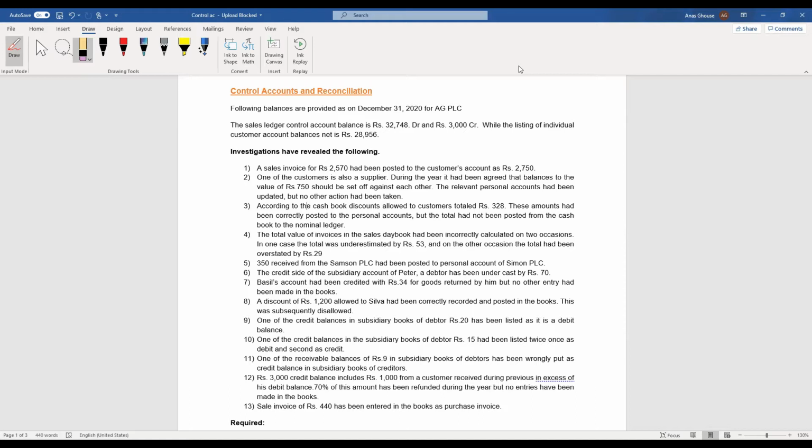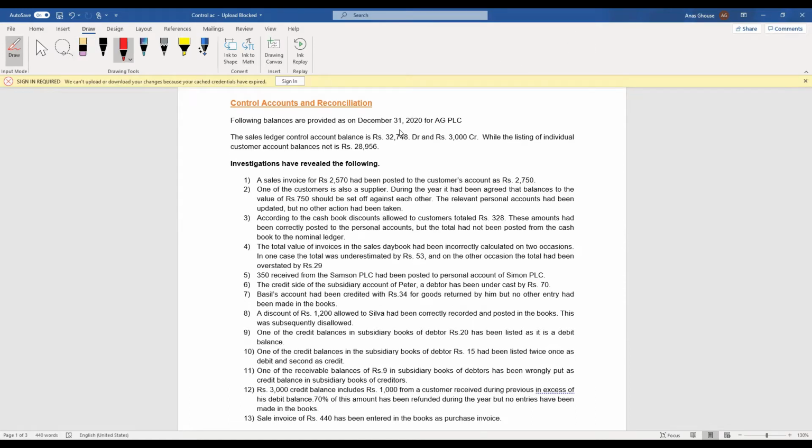The following balances are provided as on 31st December 2020 for AG PLC. The sales ledger control account balance is 32,748 debit, and 3,000 credit balance.